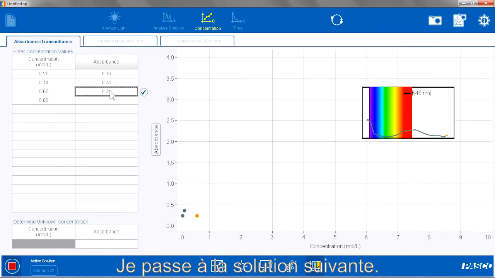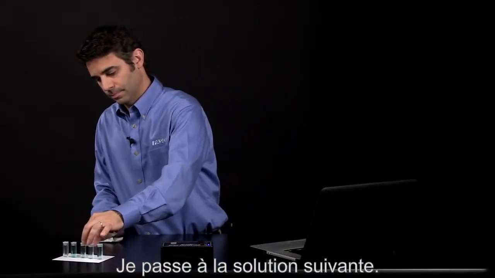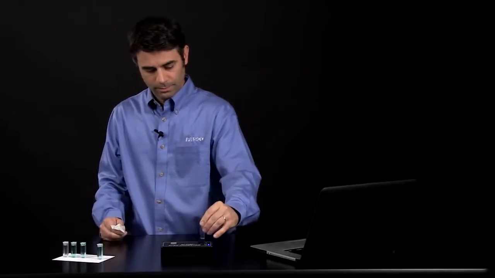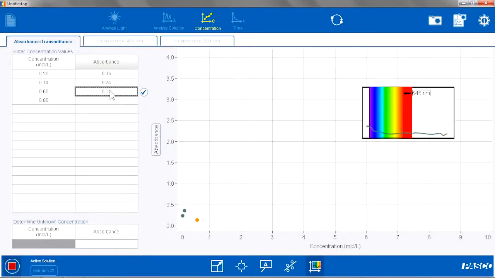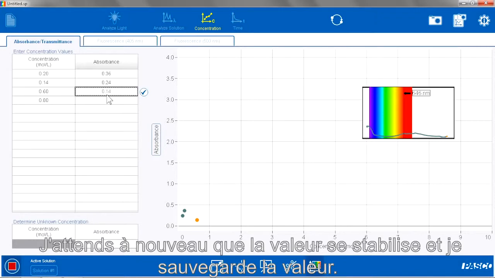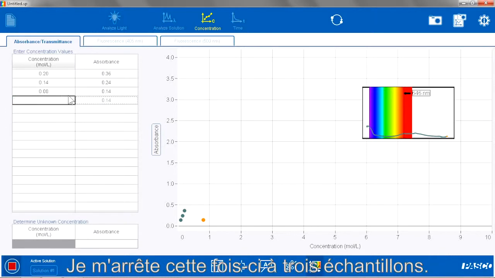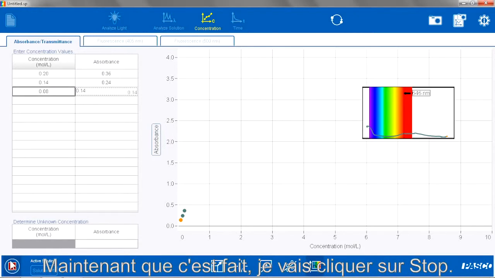I'm going to go to my next solution. I'm going to again wait for that to stabilize and hit keep the value. And I'm going to change the concentration for that, which was 0.08 molar. I'm only doing 3 standards this time, so I just have those 3. And now that I'm set, I'll hit Stop.